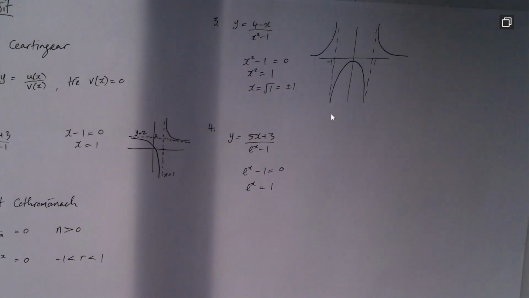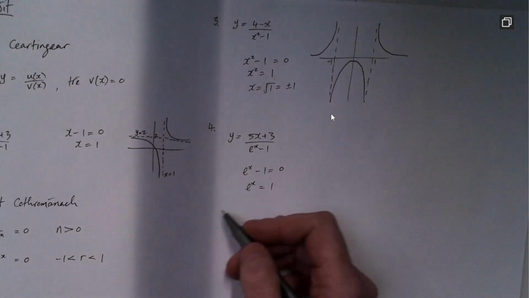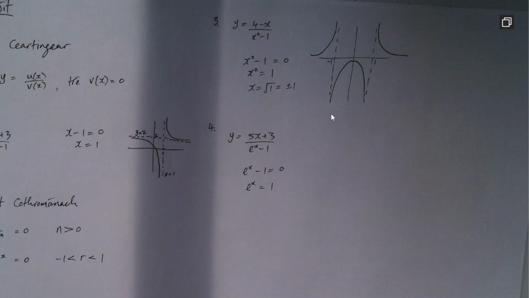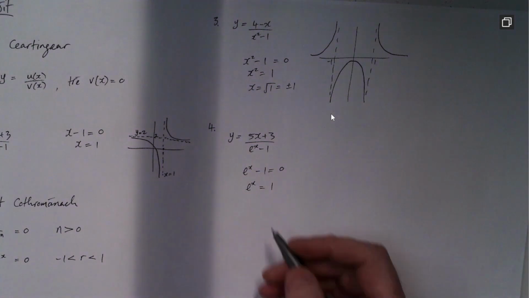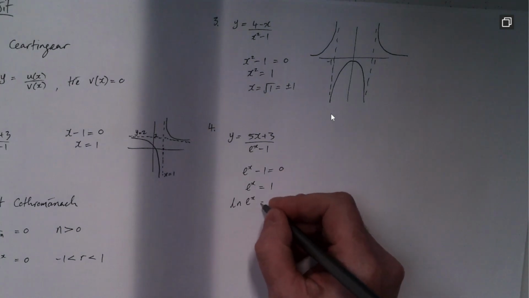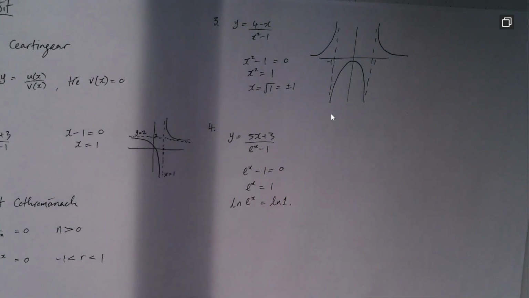Log. Make it as e to the x, e to the power b. You multiply both sides by log of e. So it's ln of e to the x equals ln of 1.